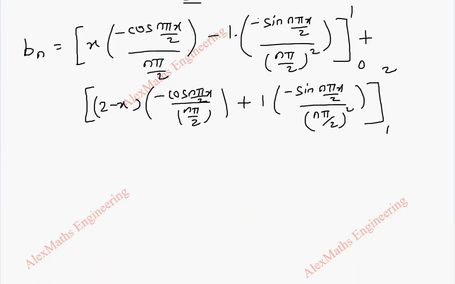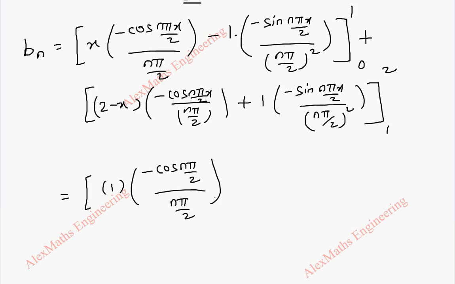When I apply the upper limit 1, this becomes 1 into minus cos(n pi / 2) by n pi by 2, and we can make this plus. When I put 1, we get sin(n pi / 2) by (n pi by 2) whole square.